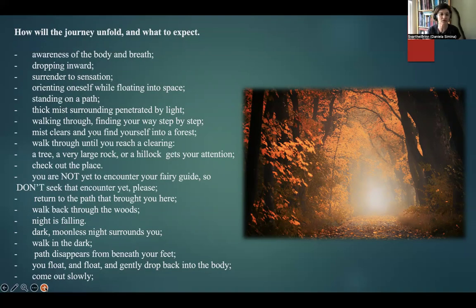Surrender to sensation. You're floating, with each exhale descending deeper and deeper within yourself.